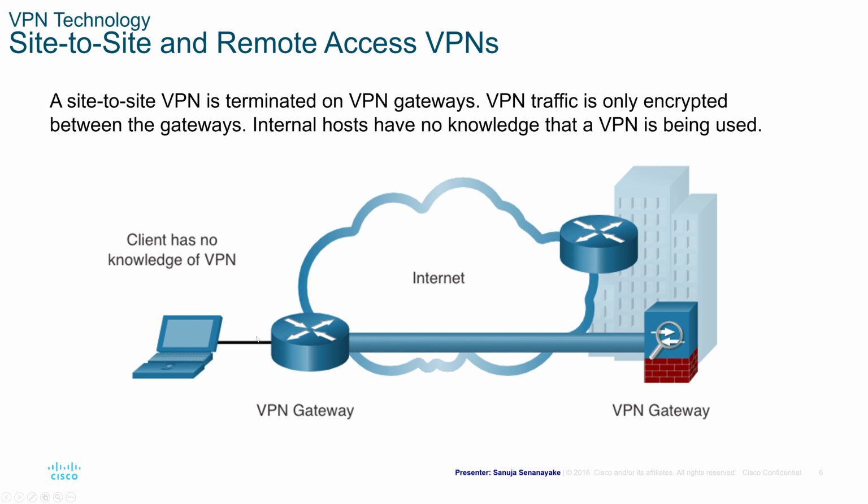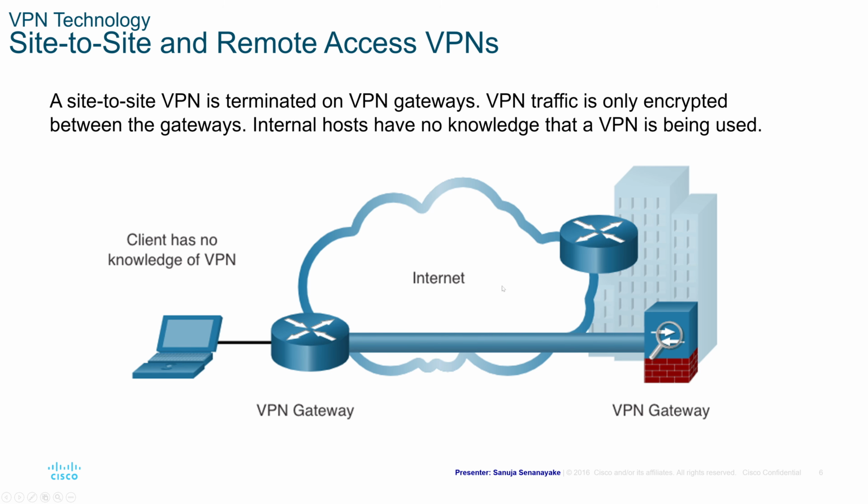So you can have a VPN gateway on each site that is creating this tunnel between your two branches, one in Calgary, one in Edmonton. But the users, in this case let's say your company employees in Calgary, wouldn't know that they are connected to a VPN, because they are simply connected to the VPN gateway.